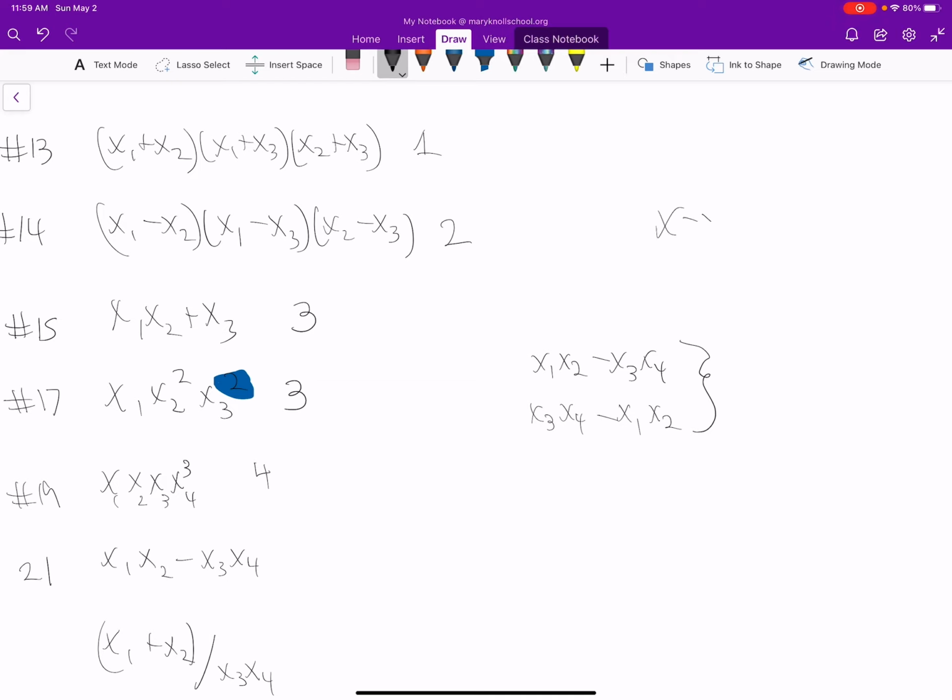It's again x minus y, so if that's a positive, then y minus x is going to be a negative. So then we can also do x1, x3 minus x2, x4, and similarly x2, x4 minus x1, x3.